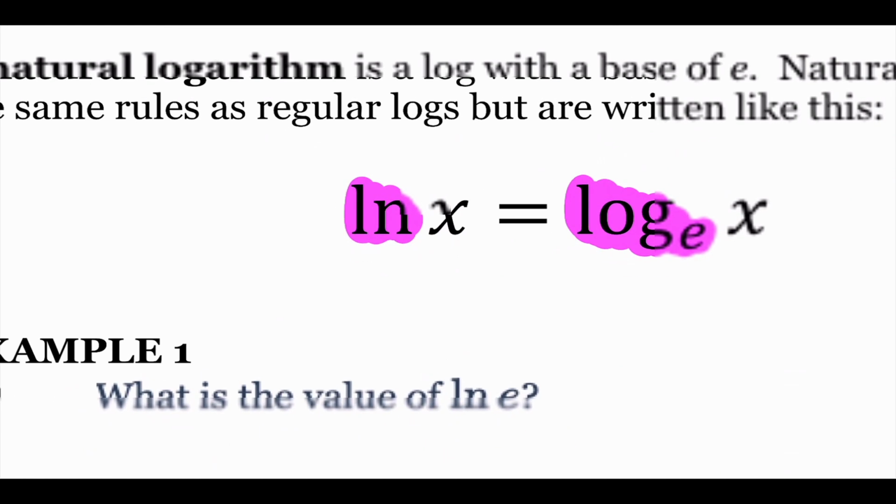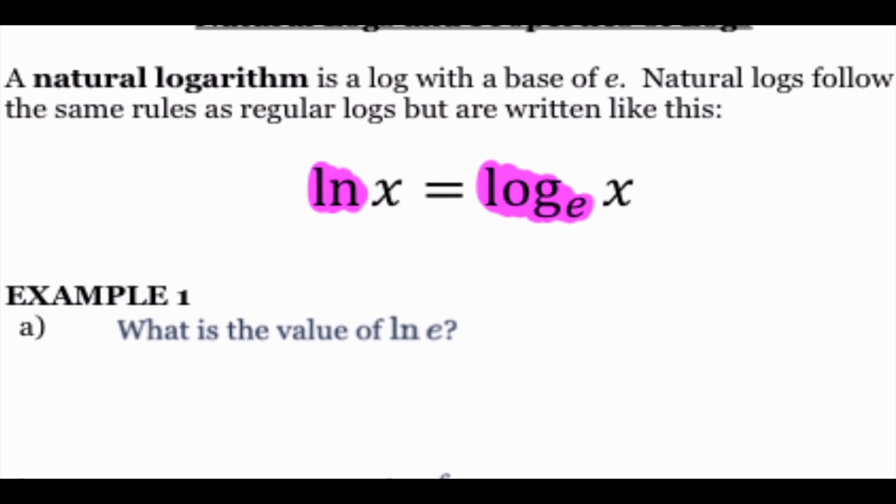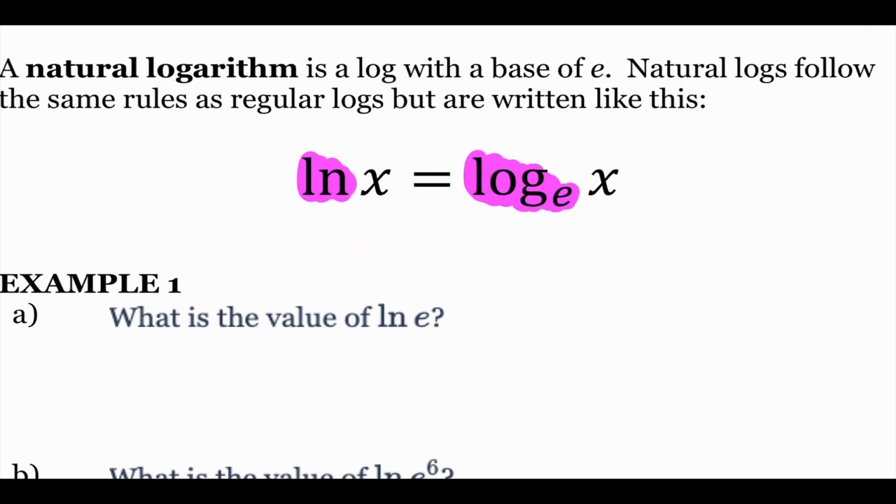So what a natural log means is a regular log, but its base is e, right? E, that number that we talked about last chapter, when we did compound interest. That is what the base is.